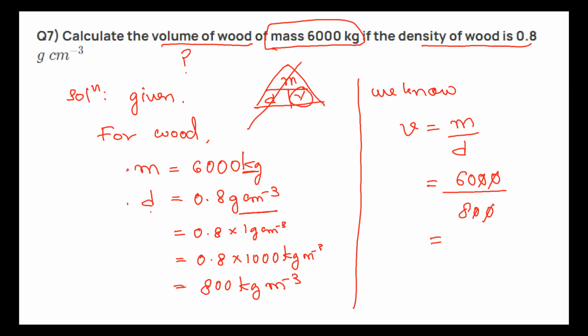If I divide this, I'll get 30 by 4, then 15 by 2, that is 7.5 meter cube. Answer. Done.